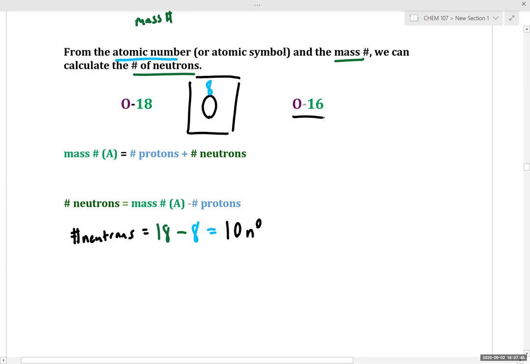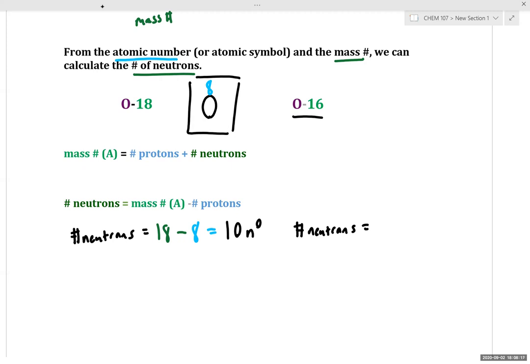We can repeat this calculation for oxygen 16. I'd like everyone just to take a moment and try and tell me how many neutrons oxygen 16 has to its name? Eight.